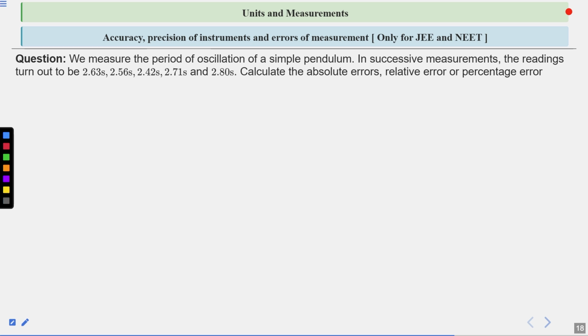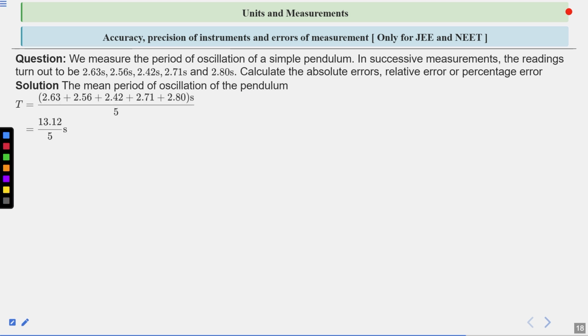So the mean period of oscillation of the pendulum is: T equals 2.63 plus 2.56 plus 2.42 plus 2.71 plus 2.80, divided by 5. The overall sum is 13.12, divided by 5 seconds.